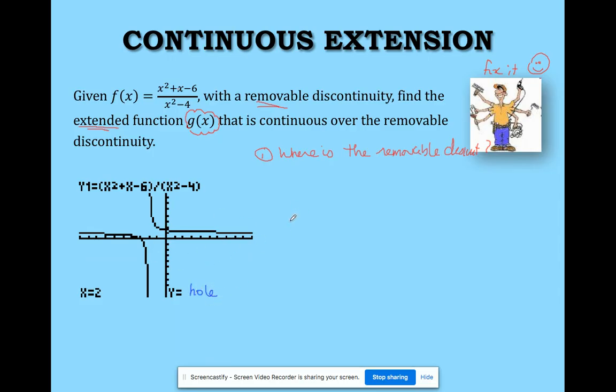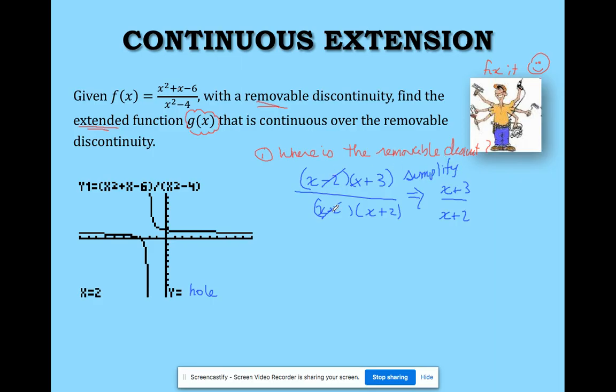You're not going to get this though. So you need to take the function and factor it. Factor the difference of two perfect squares in the denominator and realize that you can simplify the given expression because you have matching factors.